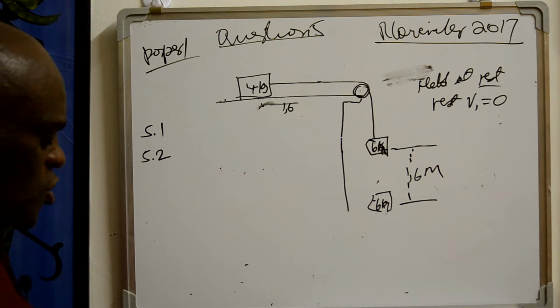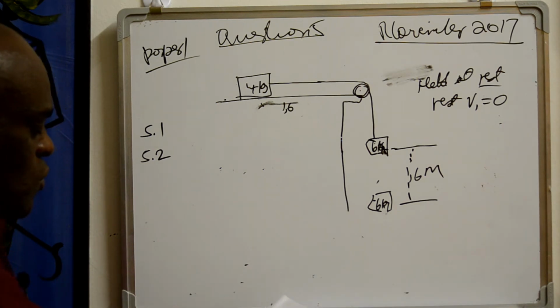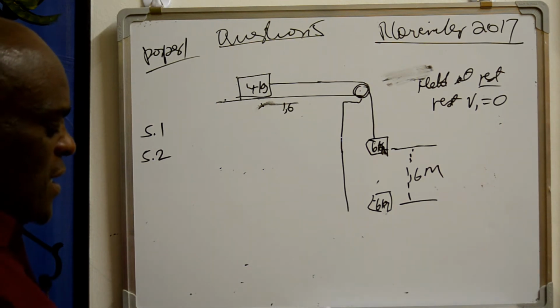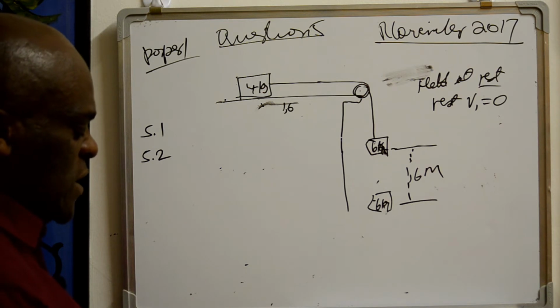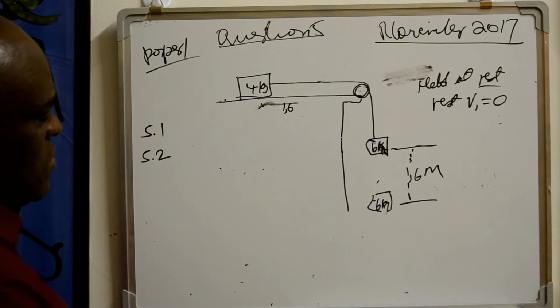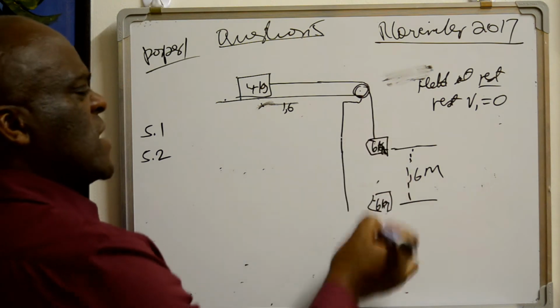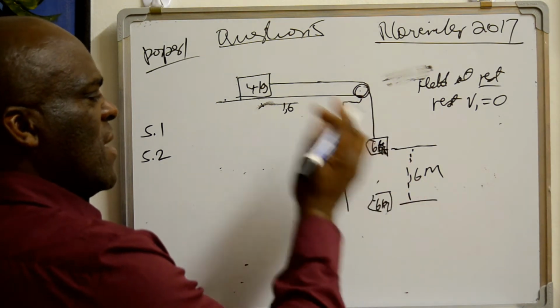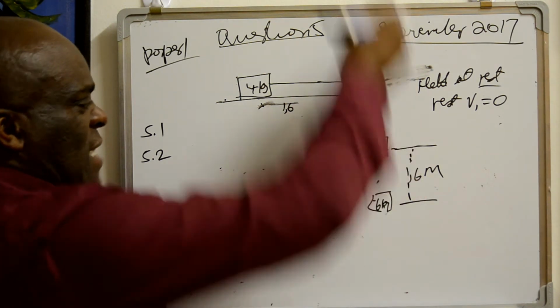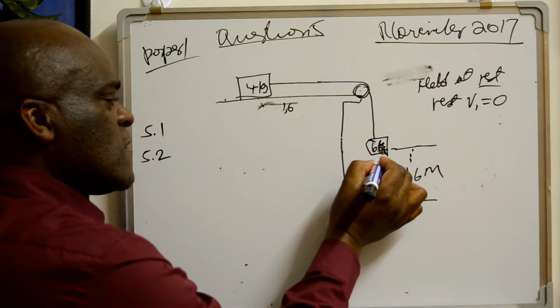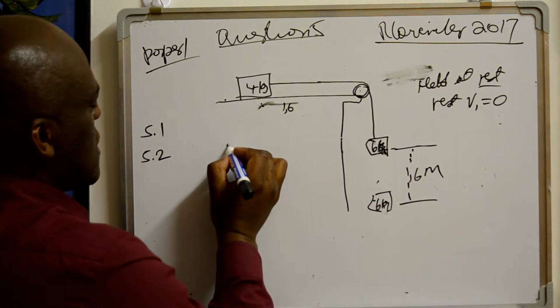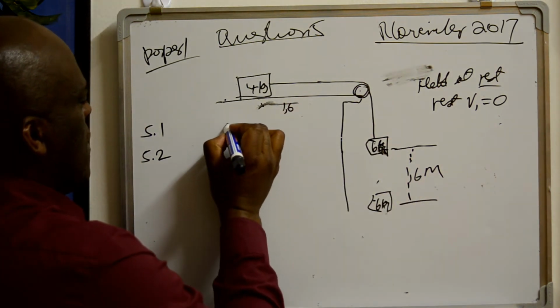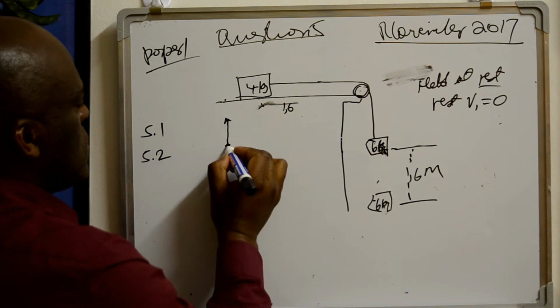Right. Draw and label the free body diagram on the 6 kg block. How many forces are acting on this 6 kg? There are two. There is this tension, which is acting upwards, and there is the force of gravity. So it's really not a big problem.